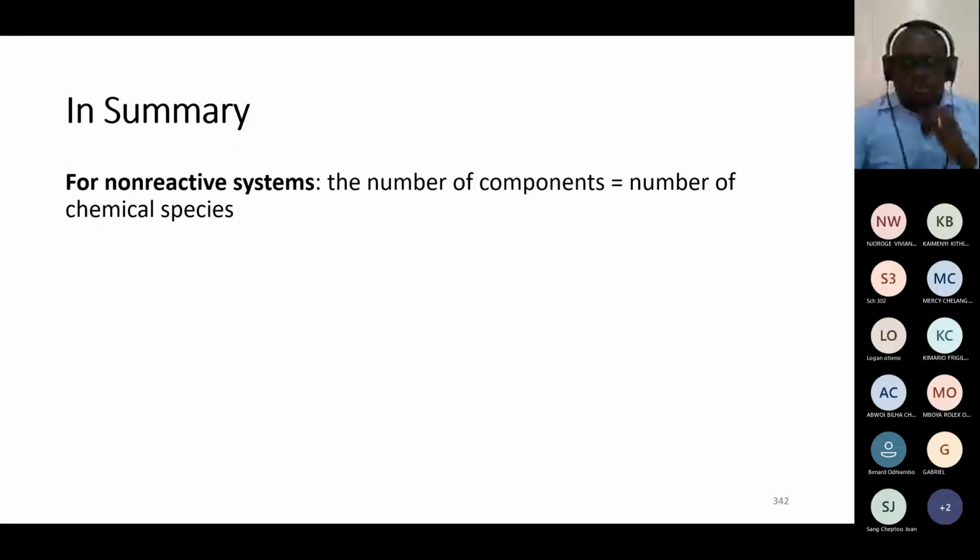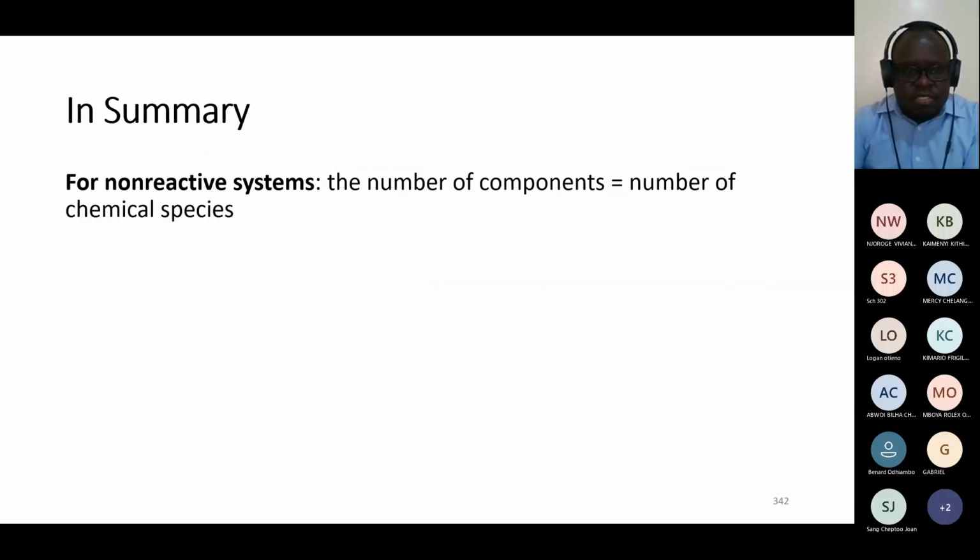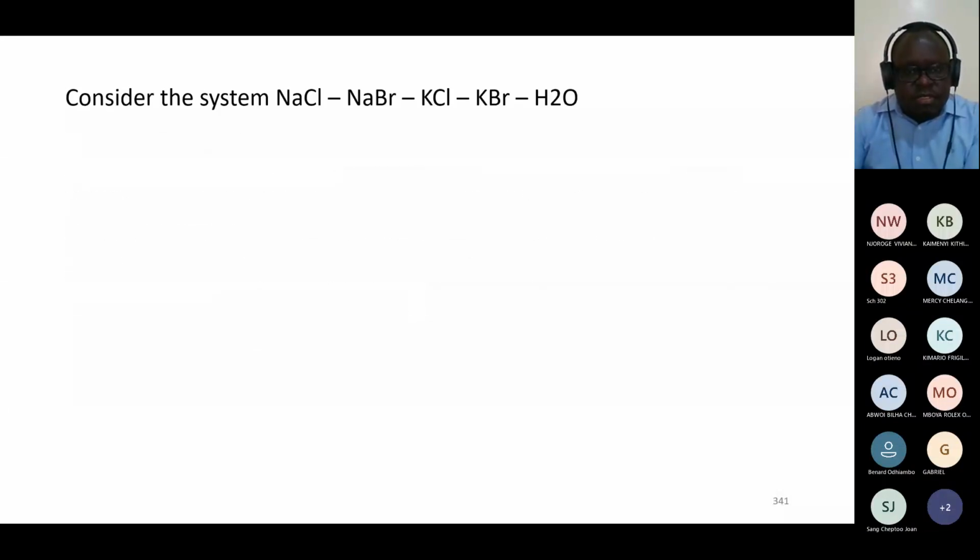So we had an introduction on phase equilibria, and we mentioned that usually for non-reactive systems, the number of components equals the number of chemical species. Maybe just a bit.